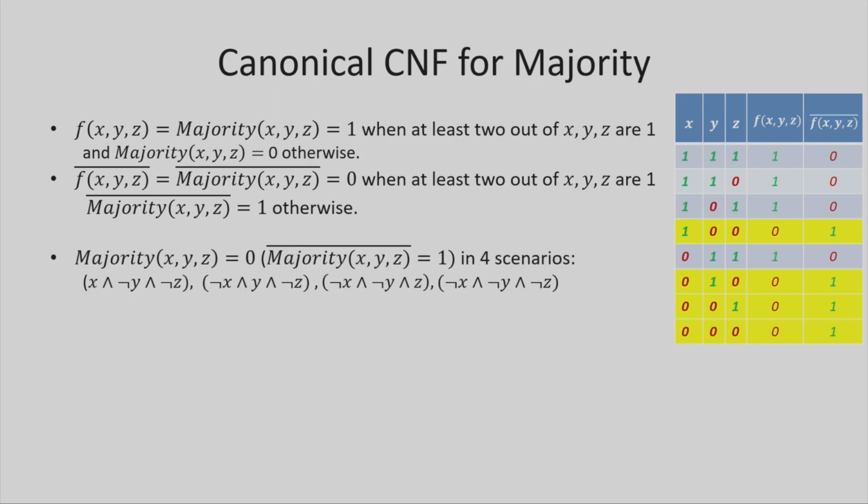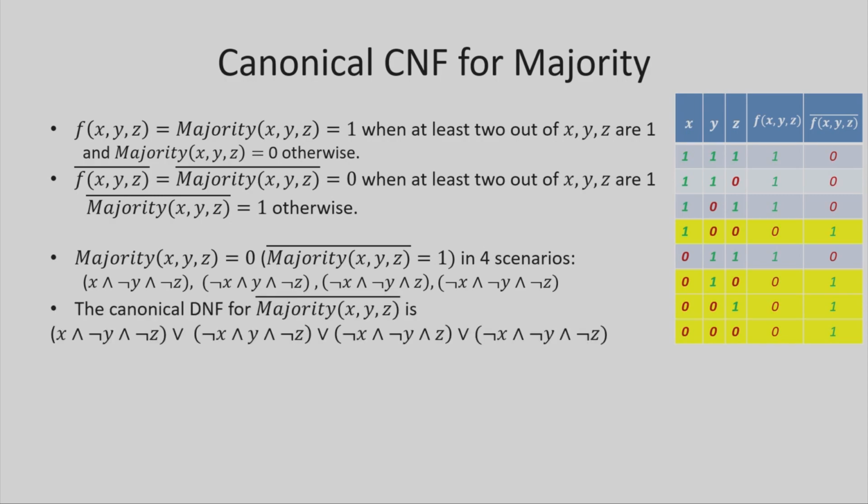So now if you pick the scenarios in which that second function outputs a 1, those are exactly the scenarios where majority outputted a 0. And as before, we could write them down, and we could make them into a DNF for that function that does the opposite of majority.